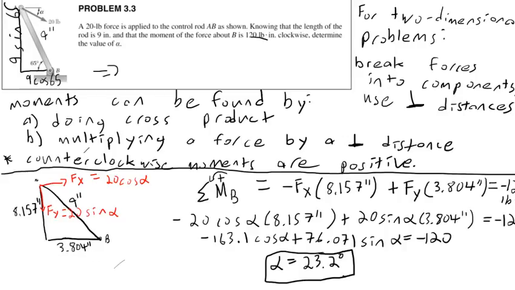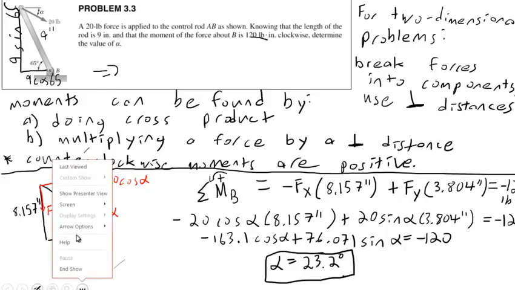You can kind of think of it this way. Imagine that I just had nothing but Fy on here, and I had a rod here and a pivot here. Which direction would this thing turn? That's one way to visualize it.